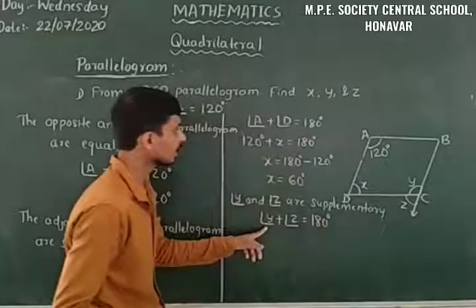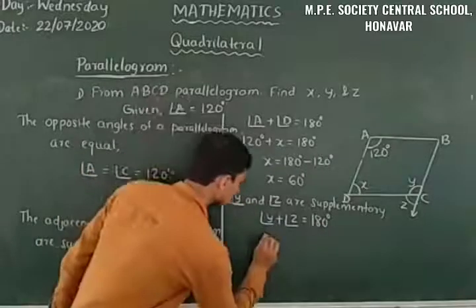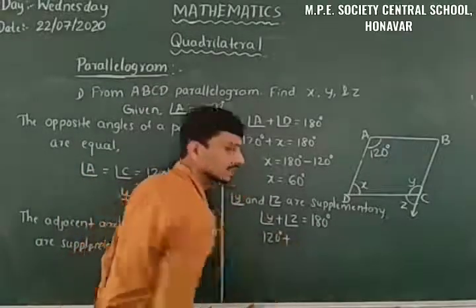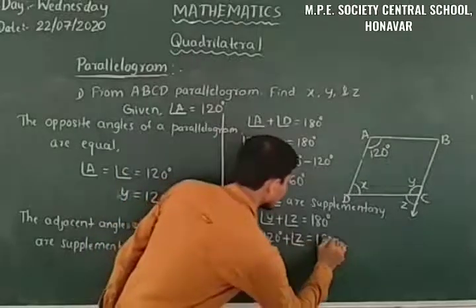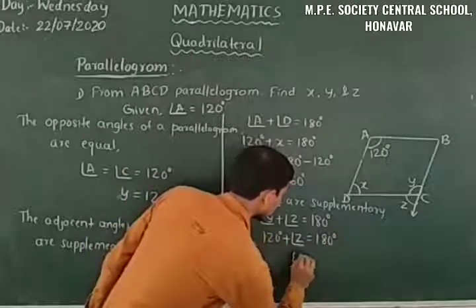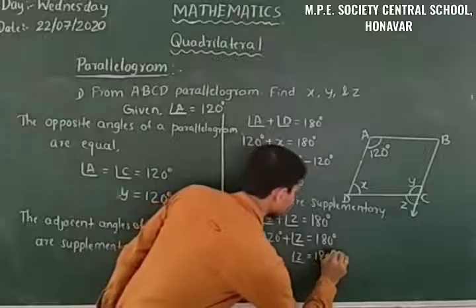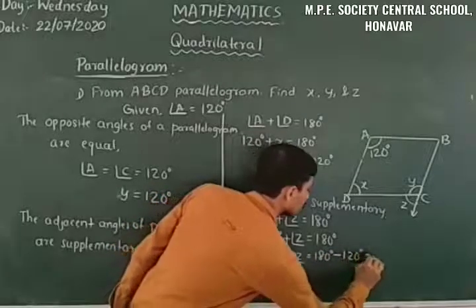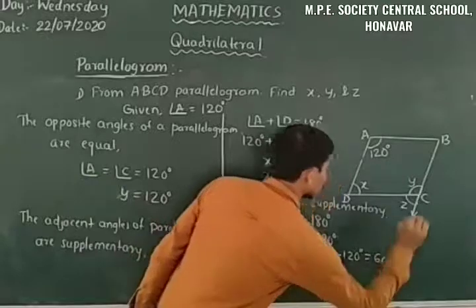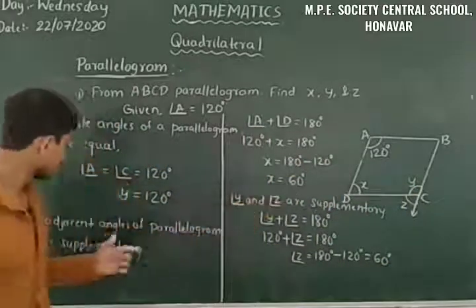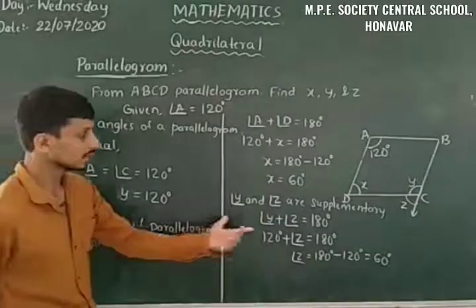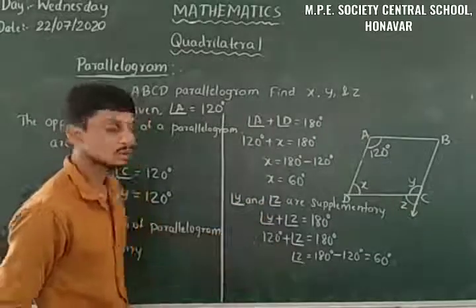What is the value of y here? We got 120 degrees. So 120 degrees plus angle z is equal to 180 degrees. Angle z is equal to 180 degrees minus 120 degrees, which is 60 degrees. So the value of x is 60 degrees, the value of y is 120 degrees, and the value of z is 60 degrees.